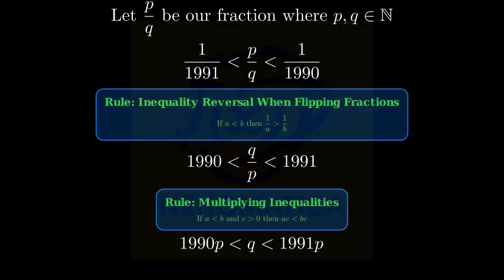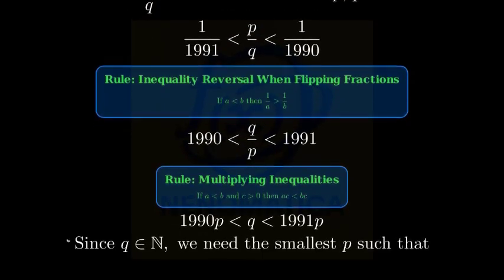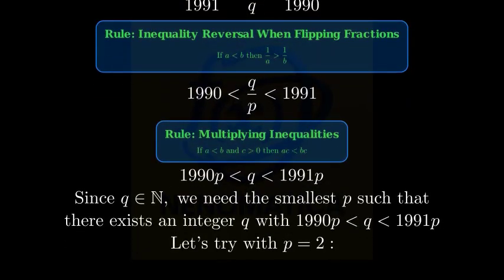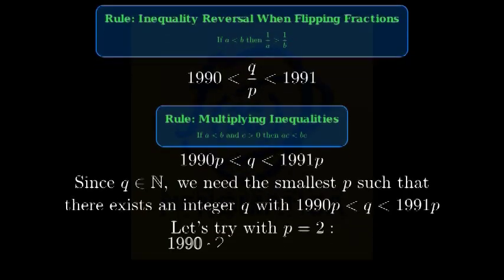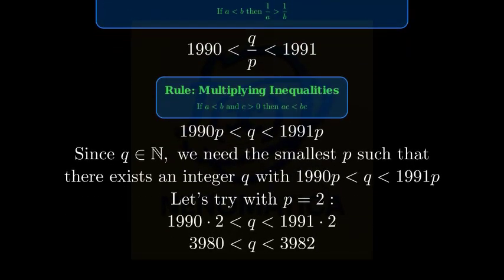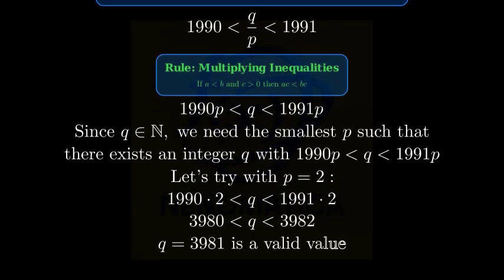Let's try with p equals 2 and see what happens. When p equals 2, we have 1990 times 2, which is 3980, less than q, which is less than 1991 times 2, which is 3982. So q could be 3981, which fits between these values.